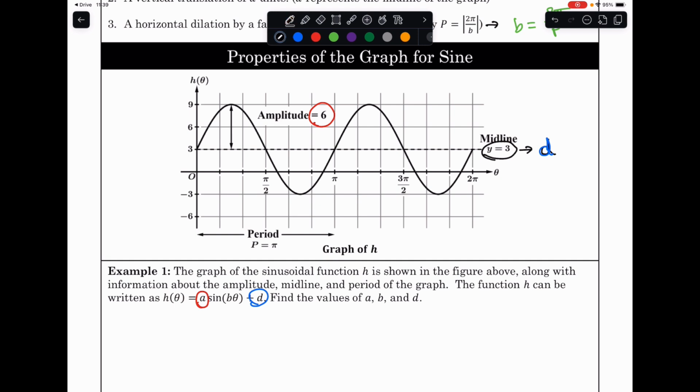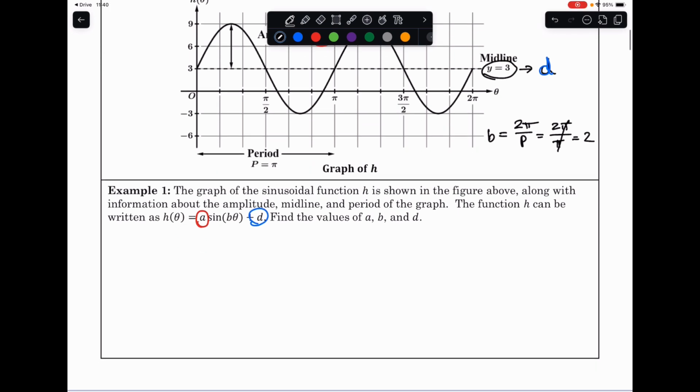The only thing that we have to actually calculate, other than the period, is the value of b. The way we get the value of b in this equation is by getting 2 pi and dividing it by the period, which in this example, this sinusoidal function has a period of length pi. So pi divided by pi reduces out, and we end up with 2.